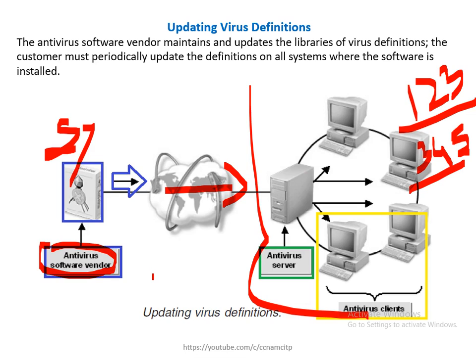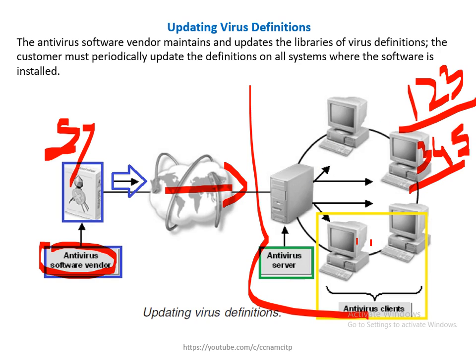Now I need to update my server first of all, so I will have to connect to the internet. I will have to configure my server so that automatically, if any definitions or updates come, my server is first updated as per the updates available on the antivirus software vendor side, and then it replicates the same to all the client computers.